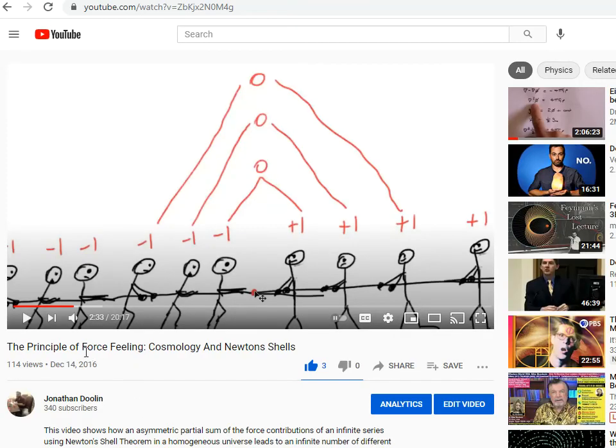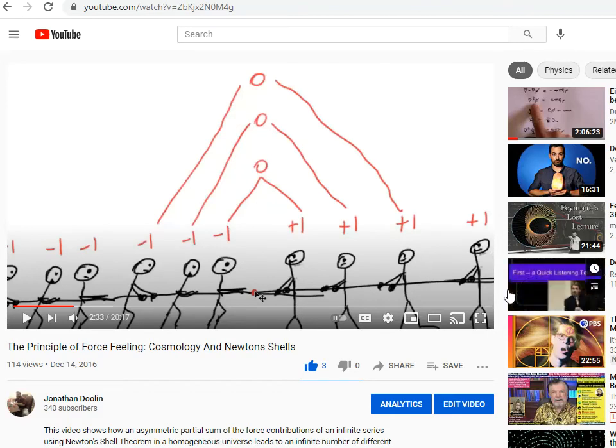Basically my argument in The Principle of Force Feeling was that if you are trying to calculate the amount of force on an object in a situation where for some reason maybe infinite sums apply, then what you should do is start from its perspective. If I started from this guy's perspective and looked around him, then everybody around him is pulling to the right on this point. He would say, most of the things I see are pulling to the right on that guy, so it should pull my direction.